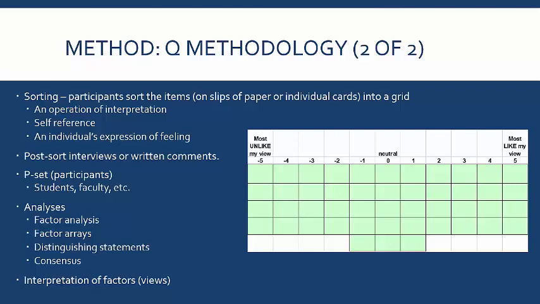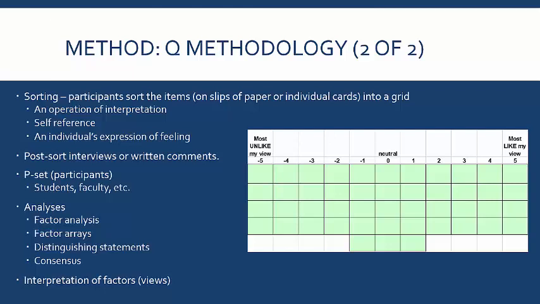So the idea is that everyone who reads these statements will see them based on their own point of view. So each individual sort will give a snapshot of their viewpoint. It's called self-reference, but it basically lets an individual express their feelings. I've done this a lot with my students. On at least one occasion, I had a woman from the Middle East in my class.